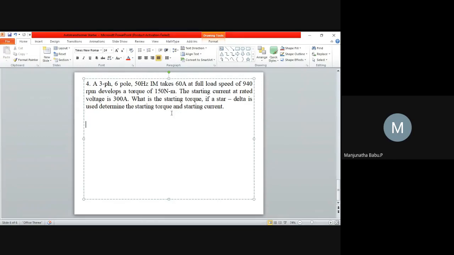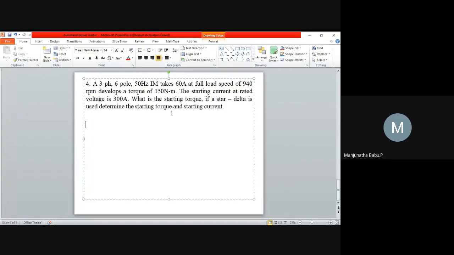Substituting the value as 1 by 3, 225 divided by 3, you get 75 Newton meter. That is your starting torque when star delta starter is used.